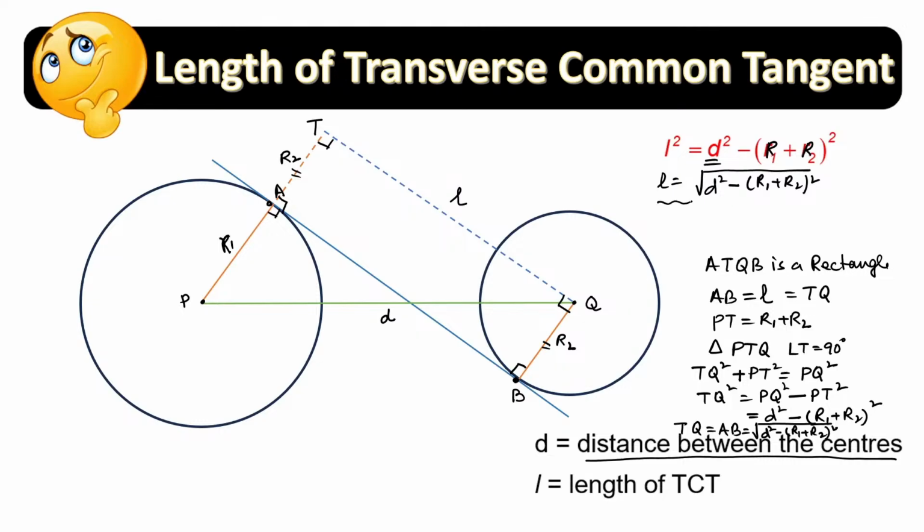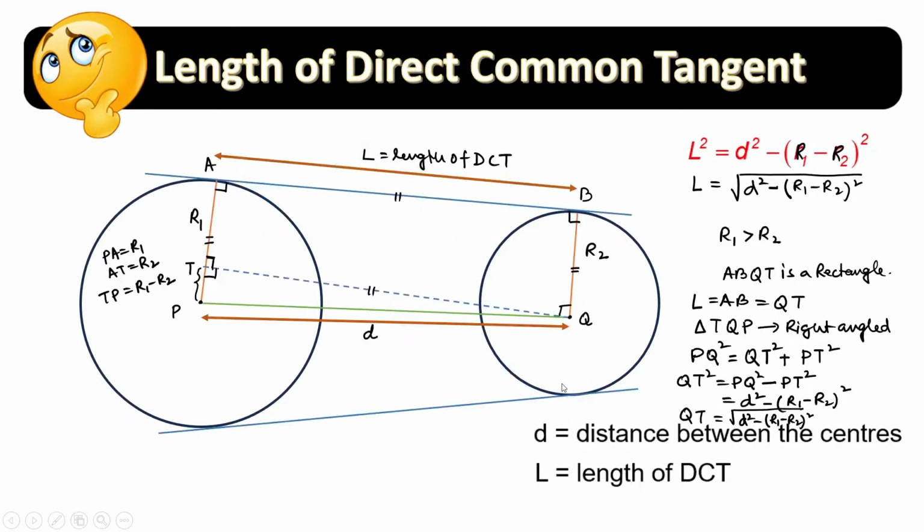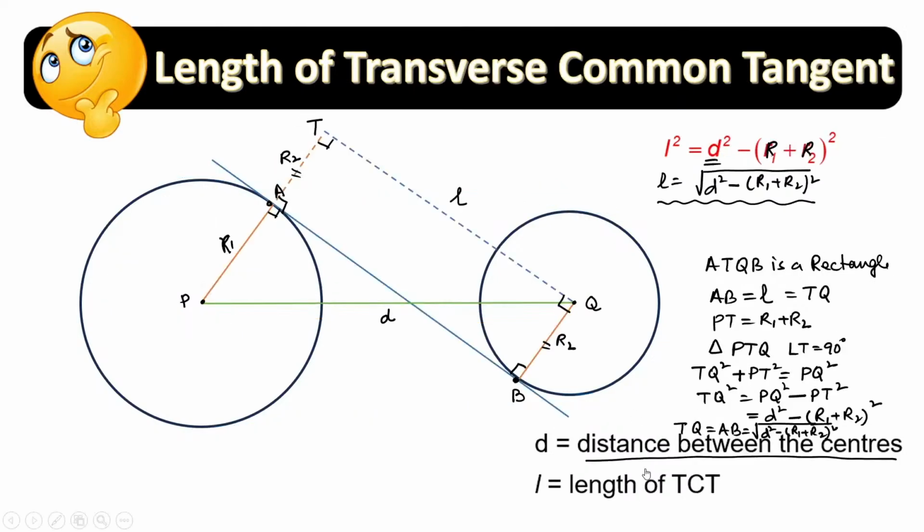So this is the length of the transverse common tangent, and the length of the direct common tangent is root over d square minus (r1 minus r2) whole square. So can we remember this too? The length of the direct common tangent is root over d square minus (r1 minus r2) square, and for the transverse common tangent, the length is root over d square minus (r1 plus r2) whole square.